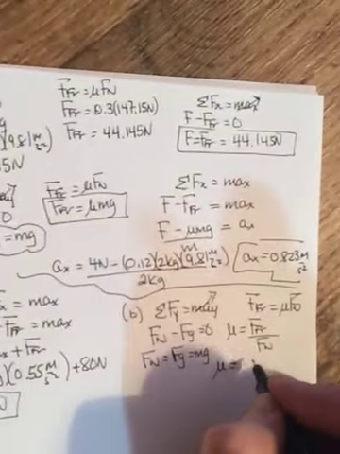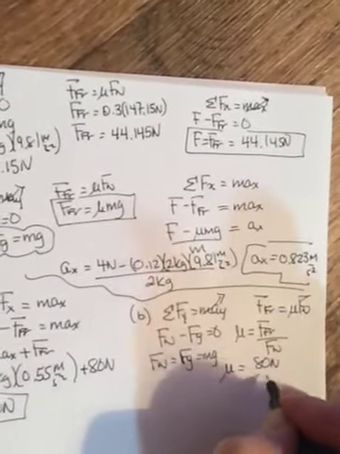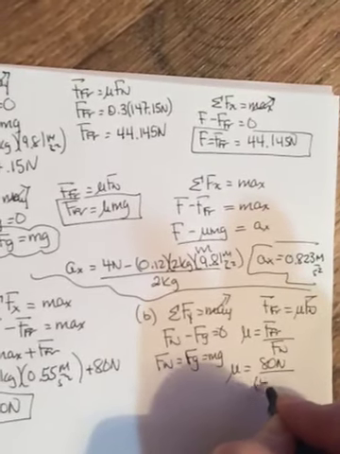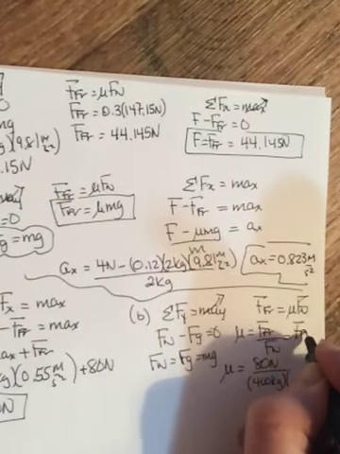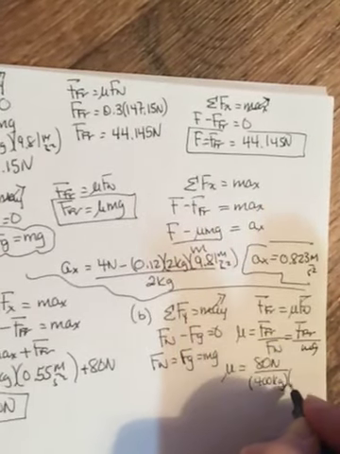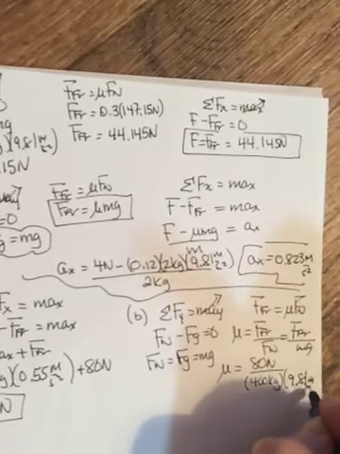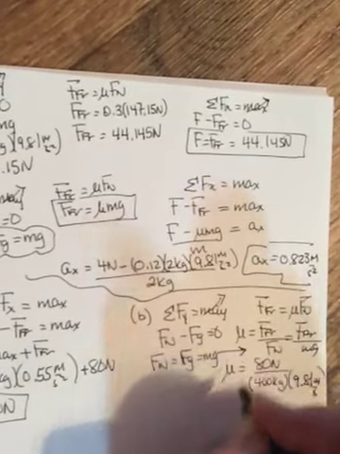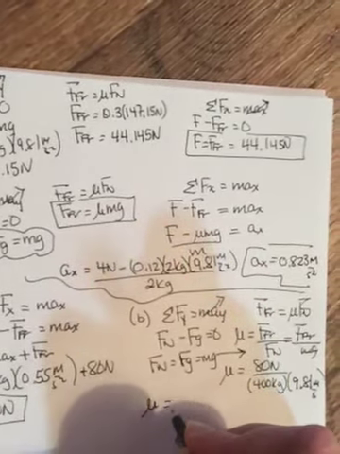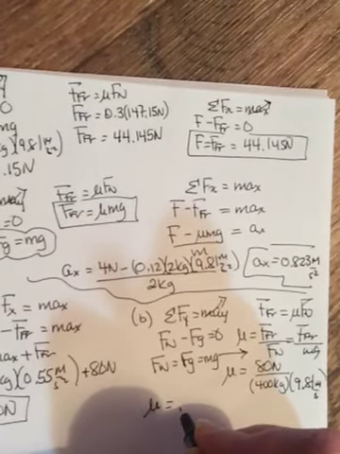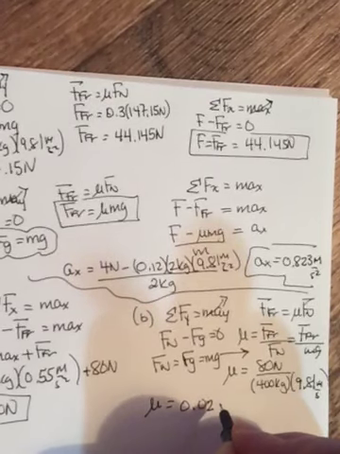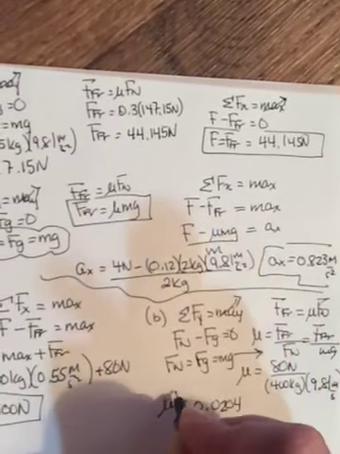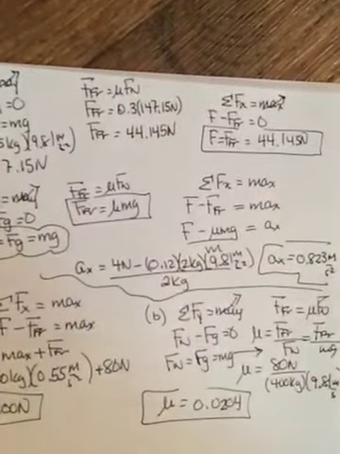So mu is equal to, what was the friction? 80 newtons, and Fn was mg, so 400 kilograms. So this is really F_fr over mg, times 9.81 meters per second squared, right? That's from there. And when you do this, you should get a mu of 0.0204. Number 3.